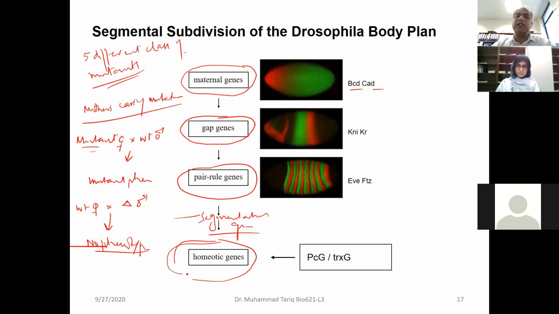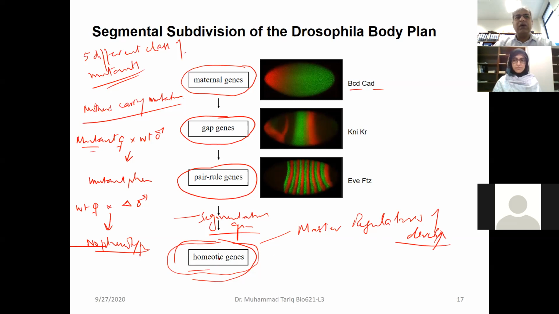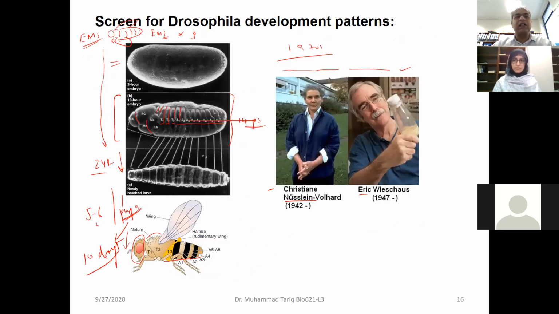And finally, the homeotic genes, they were later on also termed as master regulators of development. And if you have mutations in these homeotic genes, what happens is, for example, the T3 segment becomes T2, or let's say T2 becomes T3, or like we saw Antennapedia, legs on the head.